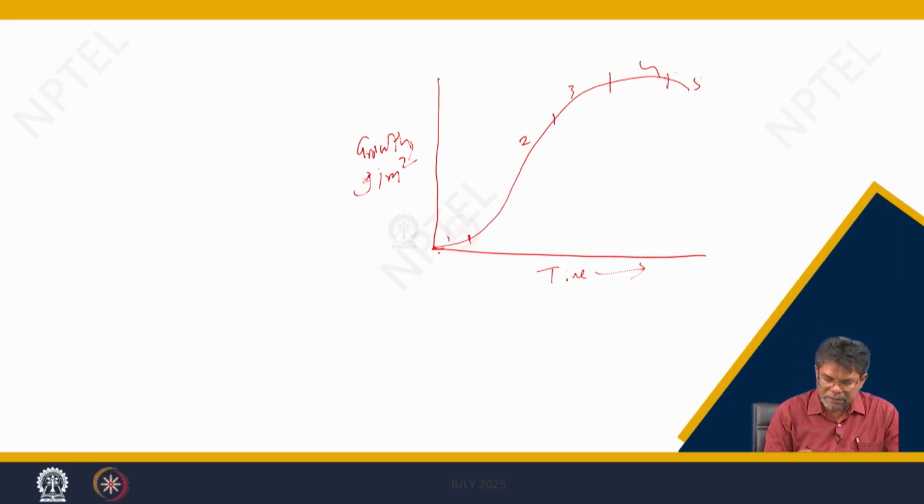In rice, this is the time of transplanting, then this is tiller formation or tillering. The growth we measure as gram per meter square; these are developmental phases.